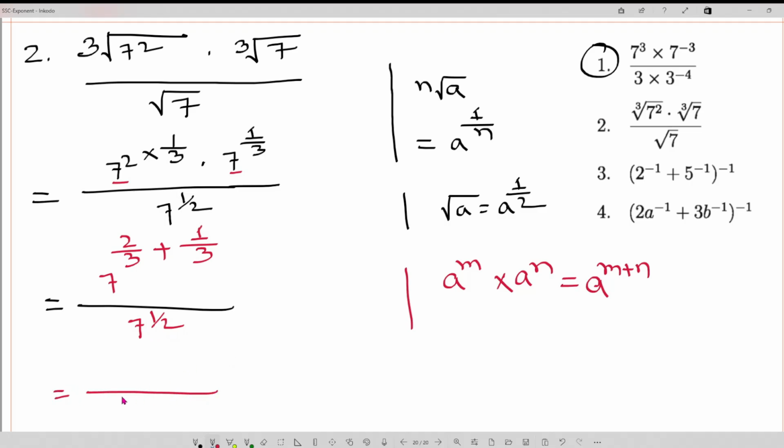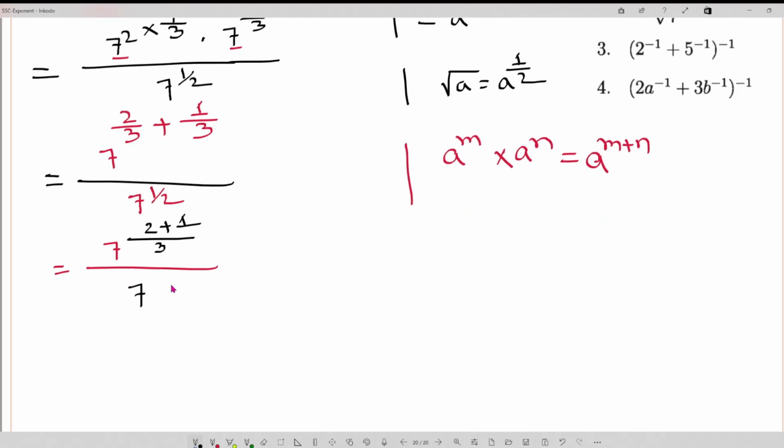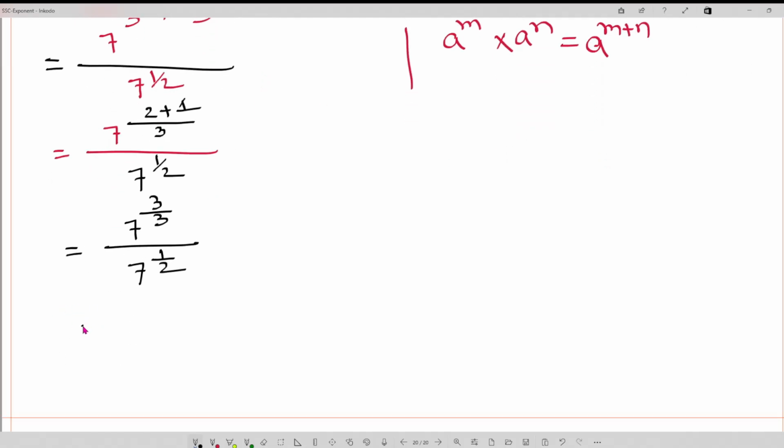Now here we can make the LCM. The LCM is 3. So 2 plus 1, and here 7 to the power 1 by 2. Then 2 plus 1 is 3, so 3 by 3, and 7 to the power 1 by 2. Next, look, these 3 and this 3 cancel out, so it will be 1.